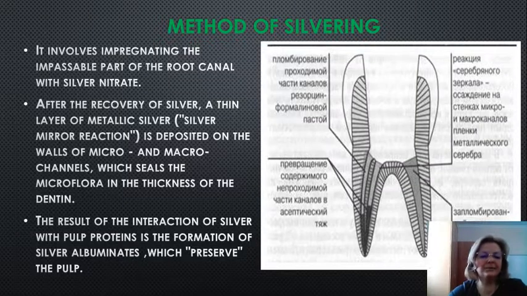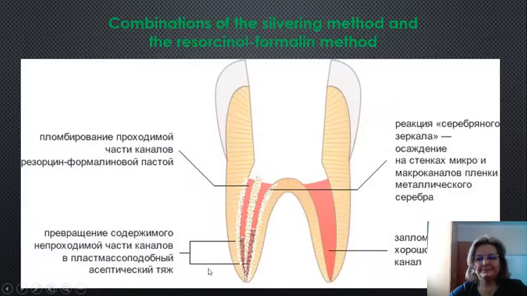The result of the interaction of silver with pulp proteins is the formation of silver albuminates, which preserve the pulp. Silvering methods may be combined with resorcinol-formalin methods in one tooth, and very often these methods are used in child dentistry today.